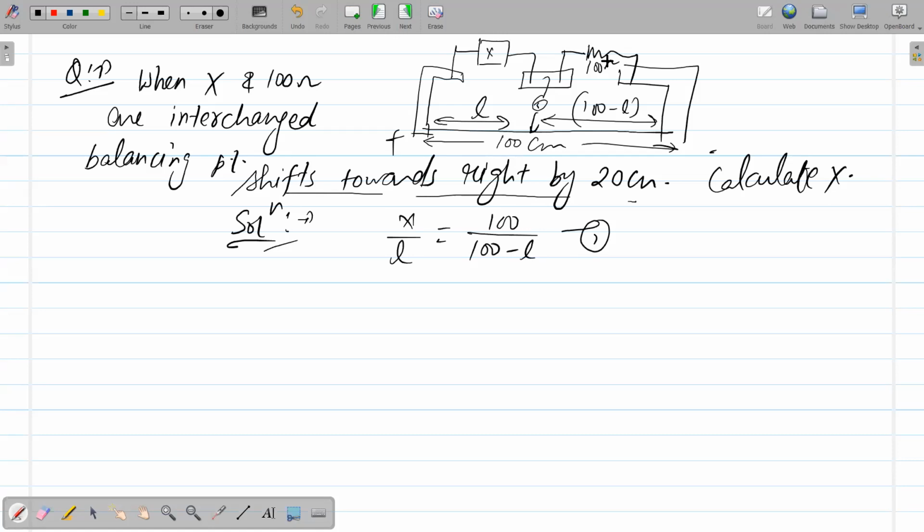And finally, when I put 100 ohm at left and X ohm at right, this jockey is shifted towards right by 20. So the new diagram will be: at the left we have 100, at the right we have X, and at the left we have length L plus 20, and at the right we have length 80 minus L. Students, are you getting this?